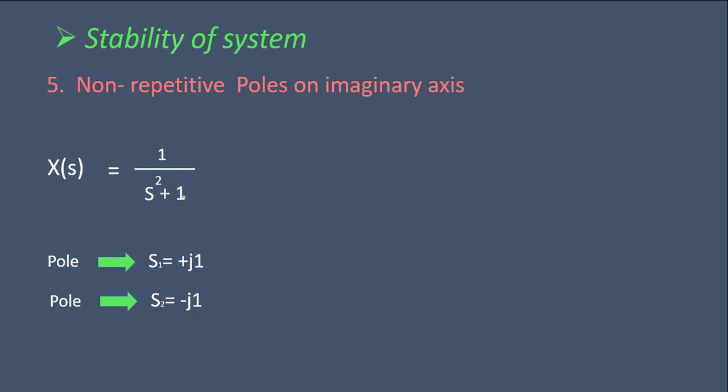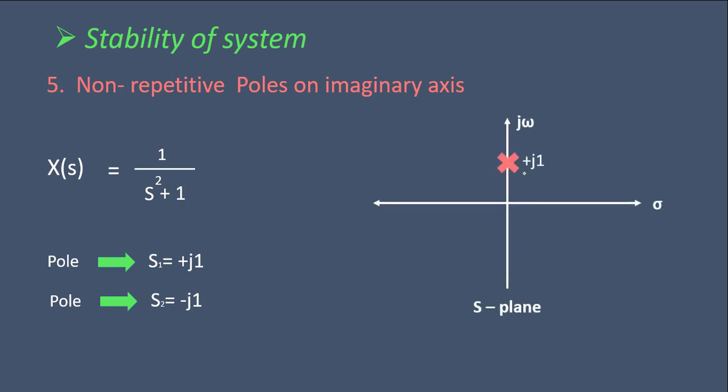There I will discuss how to find the poles of a transfer function. So we have two poles s1 and s2 at plus minus j1. So we have to plot this on the S plane. The first pole is at plus j1 and the second pole is at minus j1. And our heading is non-repetitive poles on the imaginary axis.